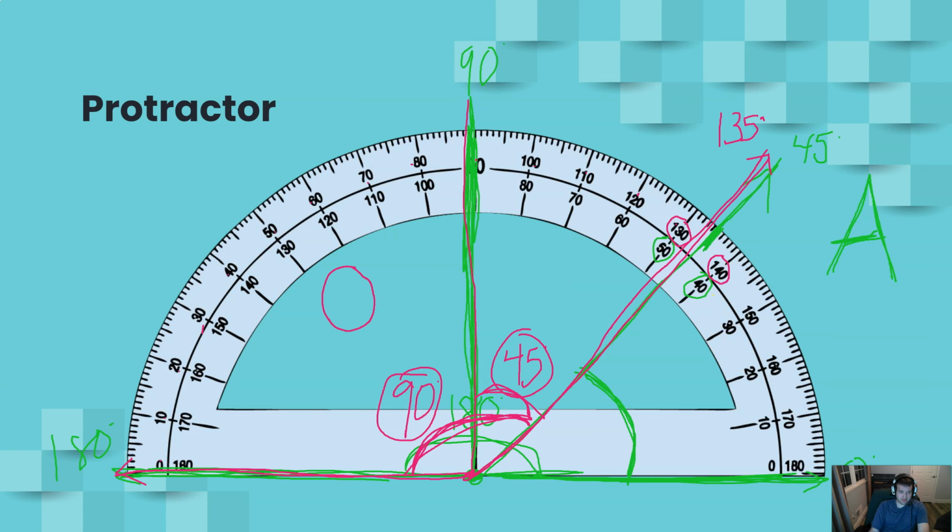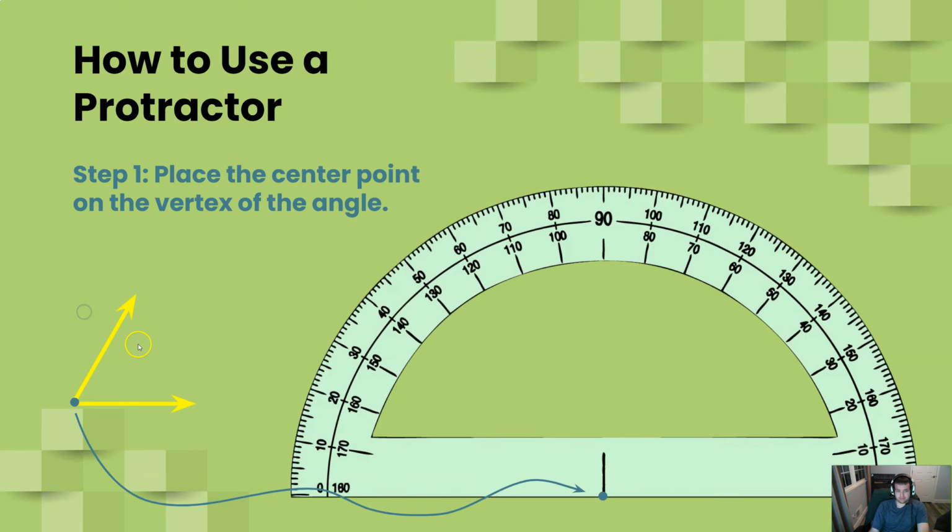Let's do some practice ones together. Oh, by the way, if you're using a protractor and you're trying to measure an angle, before we look at some practice ones, it's important that you recognize that there's different points on the protractor that need to be used. So see how the vertex of the angle needs to be right in line with this vertical line on the protractor.